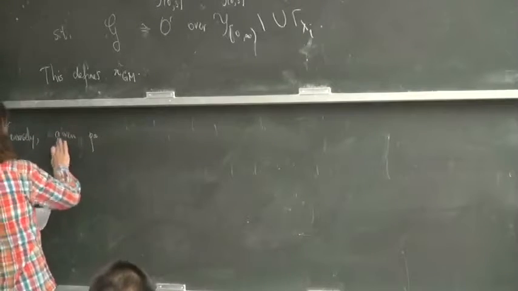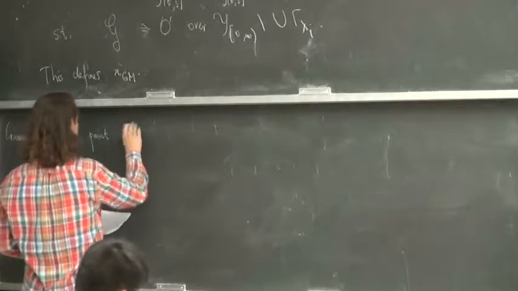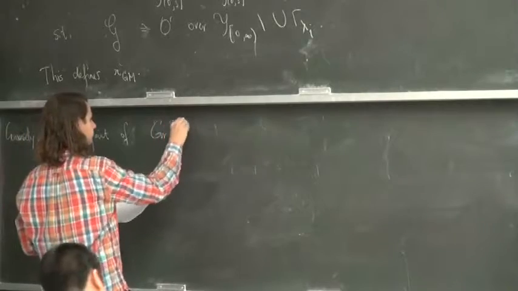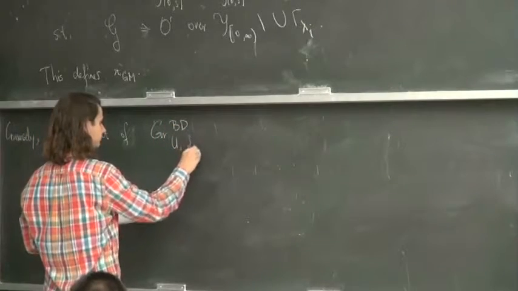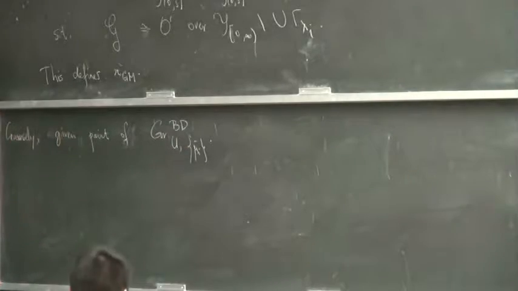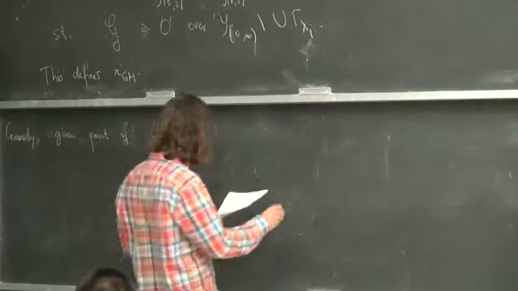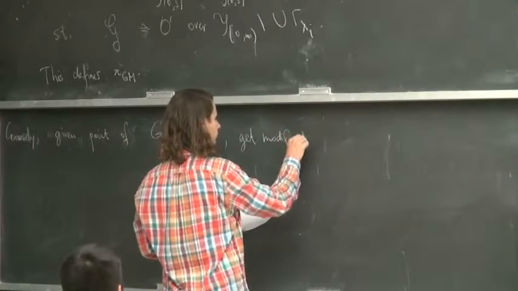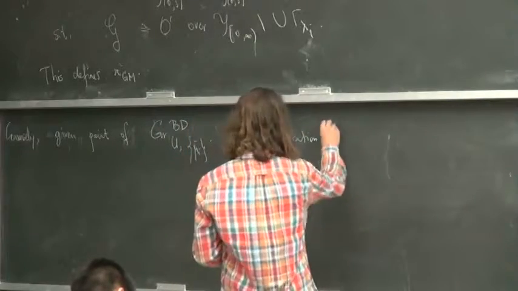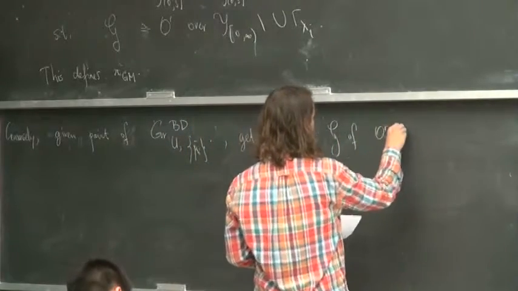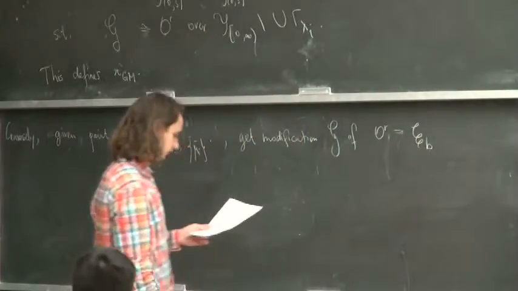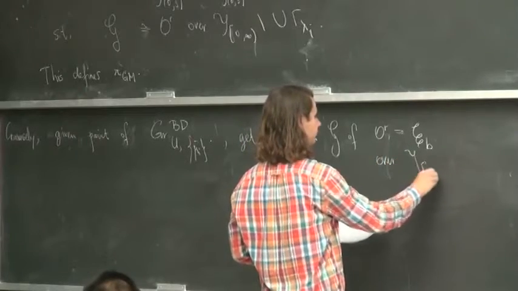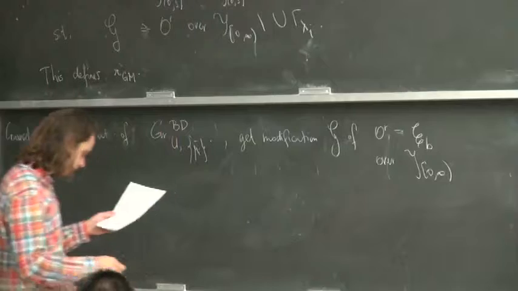Given the point of this Grassmannian, say over this part U, we get this modification G of O to the R, which is over all of Y_{[0,∞)}, but sometimes we don't need all this information.